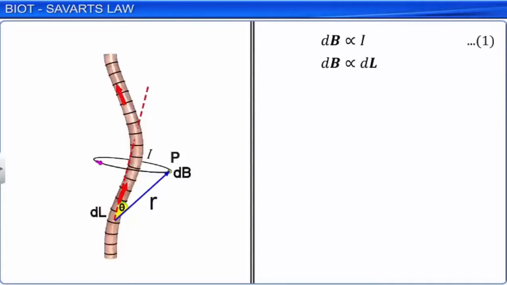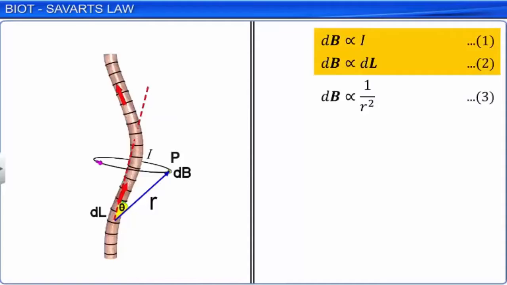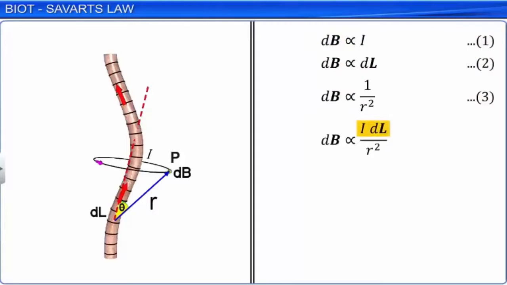Let this be equation 2. The magnetic induction dB is inversely proportional to the square of the distance r between the element and the point. Let this be equation 3. Combining equations 1, 2, and 3, we get dB proportional to I dl by r square.